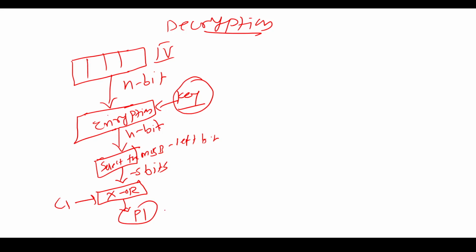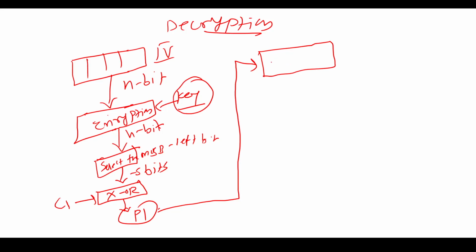Now see, what about the second block? This plaintext output will be given to the next step. In the top register, whatever initialization vector value was there will be shifted to the left, right? And whatever plaintext we have generated, just add it into this top register, and again follow the same steps.